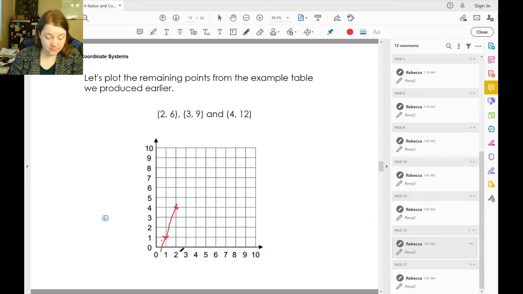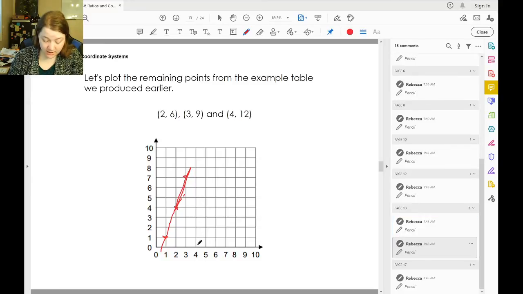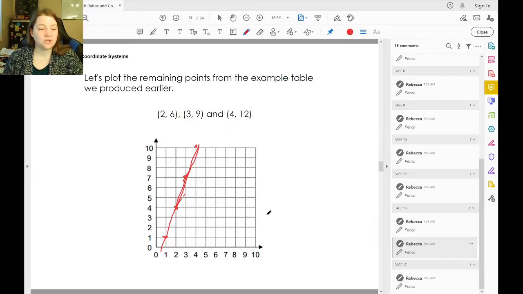I would also expect it to connect up to the next number if it was indeed a ratio. But what I see instead is that 3, 7 is right here. I see that 4, 10 is right here, so it looks like it's getting close to a line, but it does not pass through the origin.